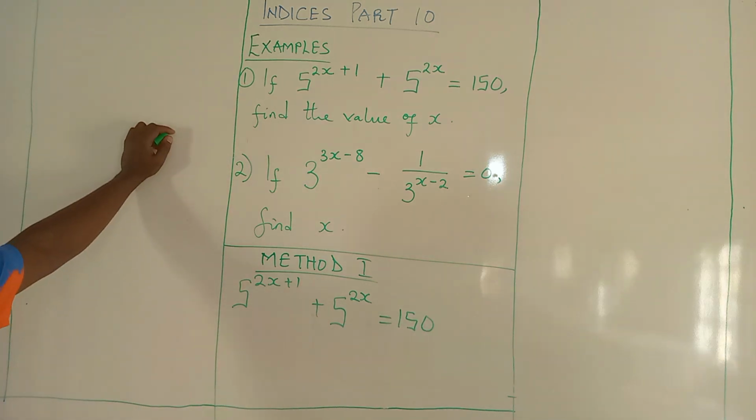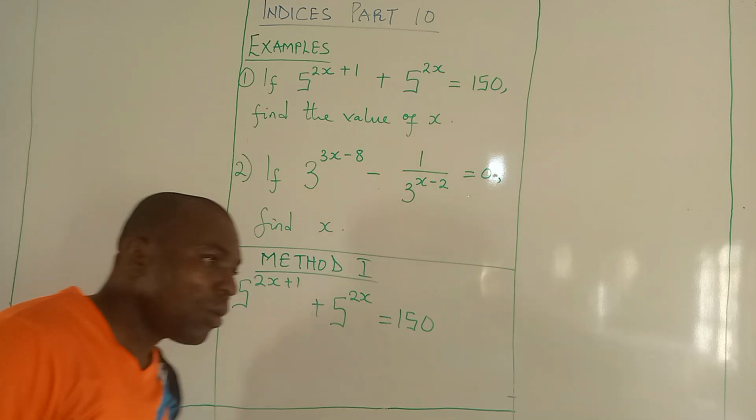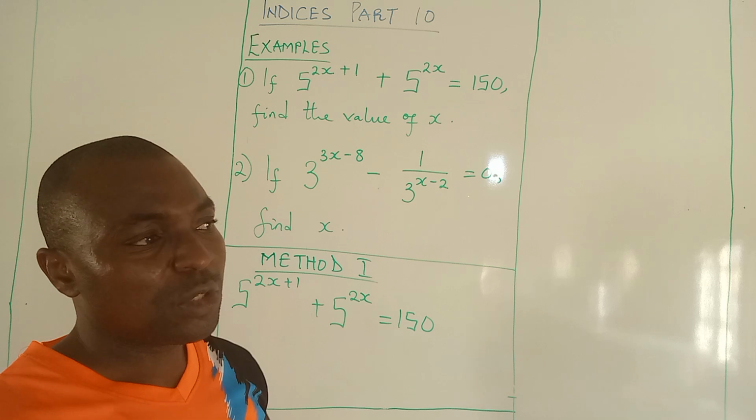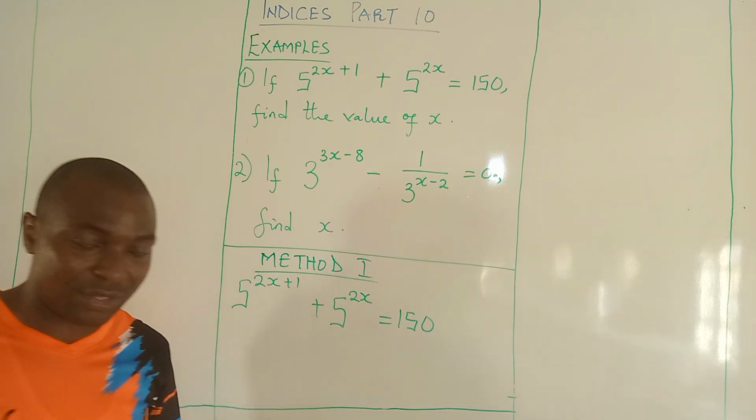Okay, from our knowledge of indices, that's why I'm advising you should go through part 1 before coming over to part 10. There is a law of indices that we call the multiplication law, or you call it the addition law.